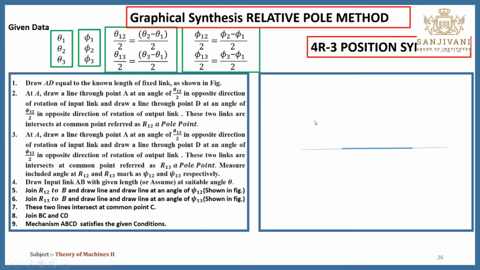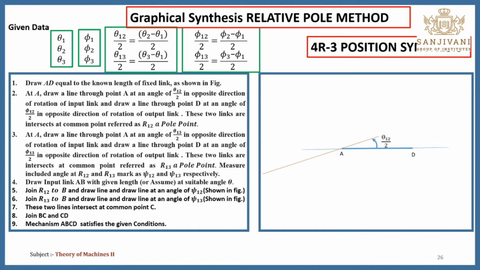Now we'll start the procedure. You have to draw one horizontal line which is AD. You have to assume this distance AD, which is the fixed link. Next, draw an inclined line through the point A at an angle of theta 1 2 by 2 in an anti-clockwise direction, because in this case we are assuming that the crank or input link is rotating in the clockwise direction.